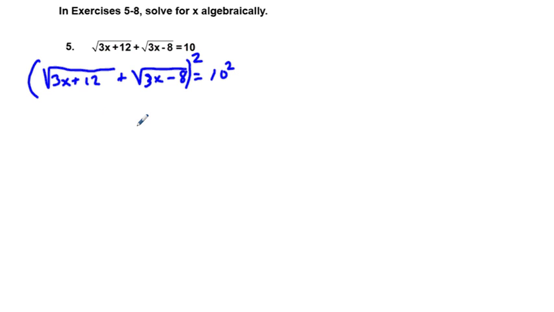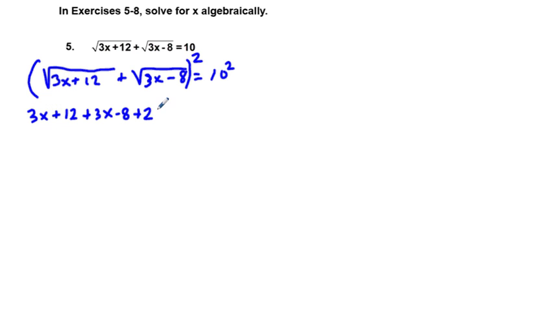Okay, and when we square both sides of this equation, the square root of 3x plus 12 becomes just 3x plus 12, and this 3x minus 8, we're just going to say plus 3x minus 8, and then we're going to have plus 2 times the product of these two square roots.